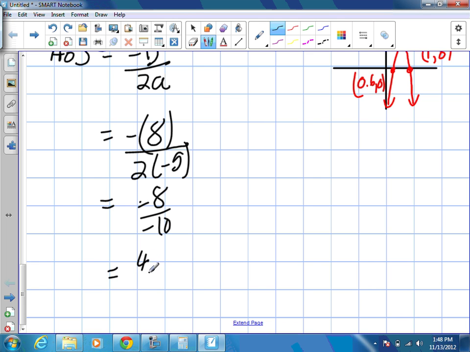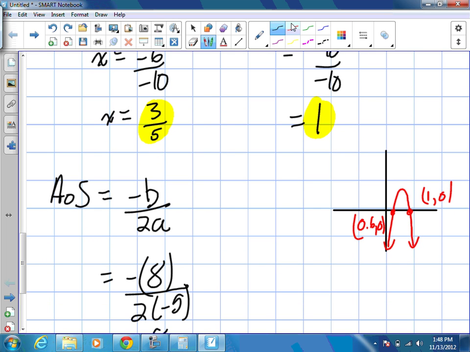Okay, so 4 over 5, or 0.8, is where the axis of symmetry falls. So the line cutting through the middle here, our axis of symmetry, or the x value of the vertex, is at 4 over 5, or 0.8. We just used the axis of symmetry formula to find that.